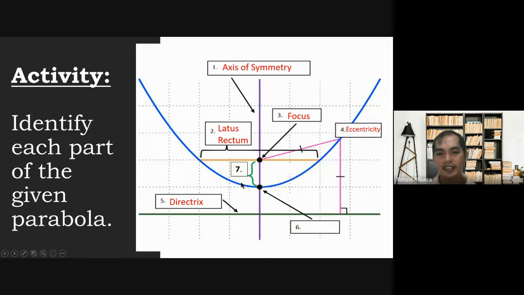The point na nag-serve as minimum or maximum, that when the graph opens upward or downward, yes, start with letter B, vertex. Correct. And how about this one? A line segment from vertex to focus. Of course, very good. That's the focal length represented by P.